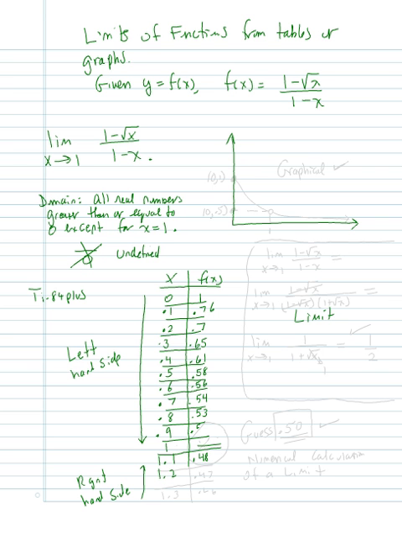Remember, at x equals 1, this function is not defined. At 1.2, we're back to 0.47, 0.46. So let's stop here. And if we had to guess what the output would be when the input were 1, you might say somewhere in between 0.51 and 0.48.